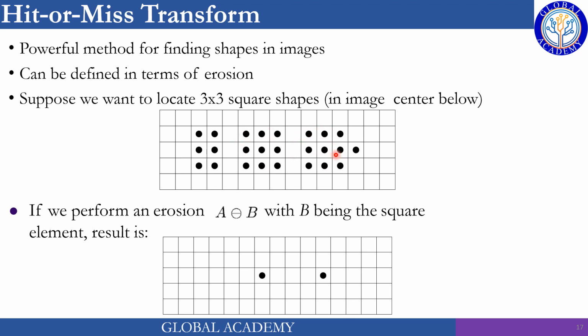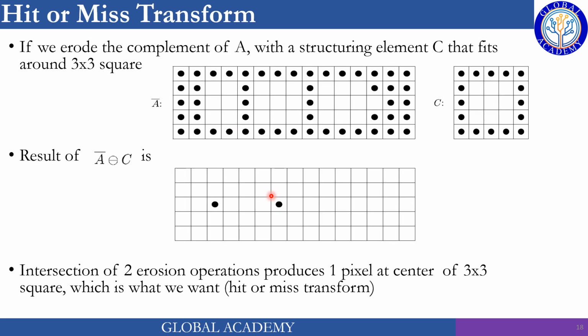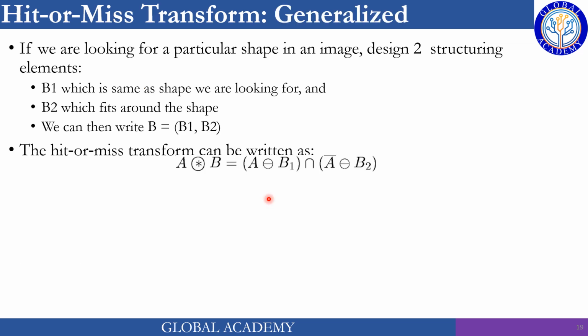This one is a 3 by 3 square but not an isolated one. It has some connectivity with a few pixels, but this template is perfectly isolated. So we will get this output after taking the intersection of this result and this result. This is the common dot.